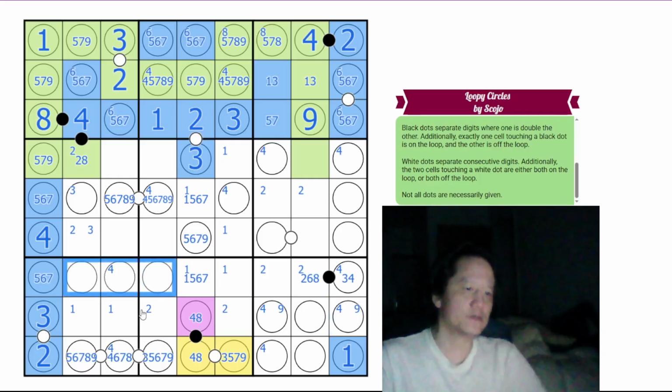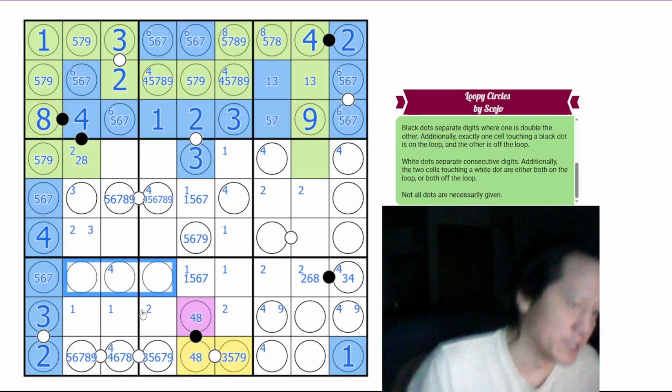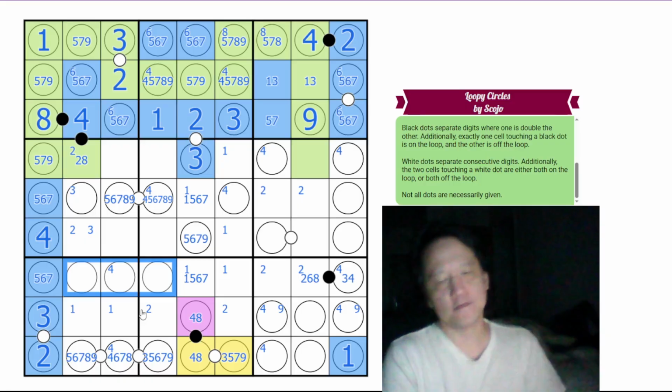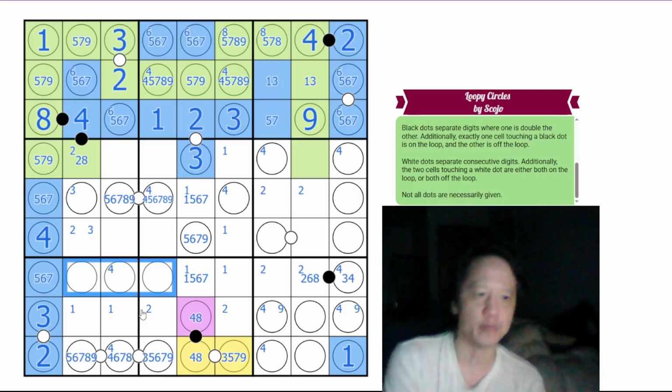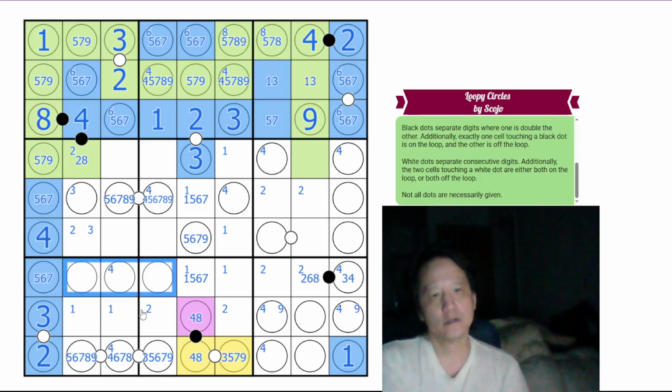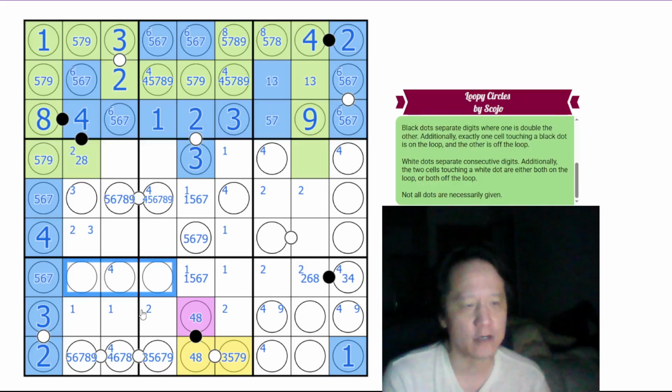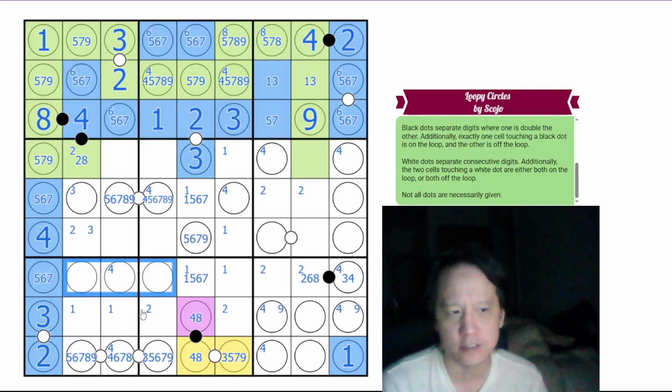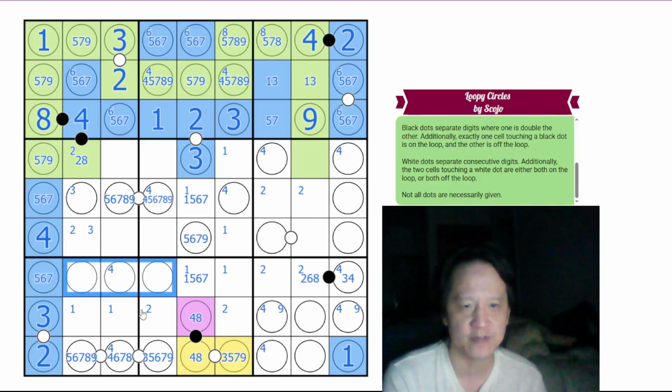So 9 is always on the loop. 8 is always on the loop. 6 is never on the loop in a circle. Yeah, 9 and 8 are on the loop on a circle. 6 is never on the loop on a circle. 5 and 7 could be, but we don't know.